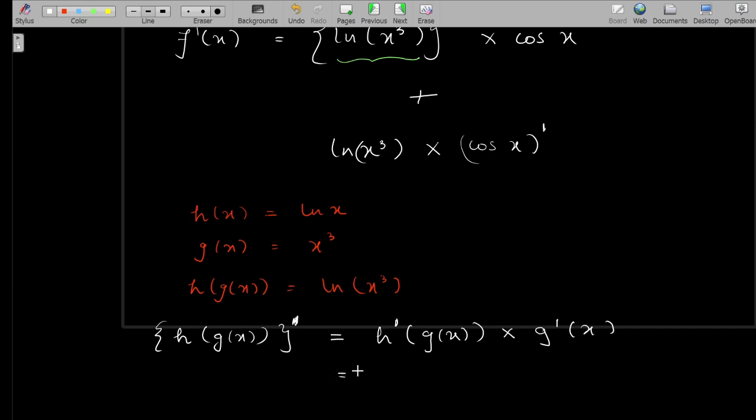And when you're doing the derivative of the outer function, then instead of x, you have to put the inner function. So the derivative of g of x is equal to 3x squared, because you have to subtract. So that's this term.